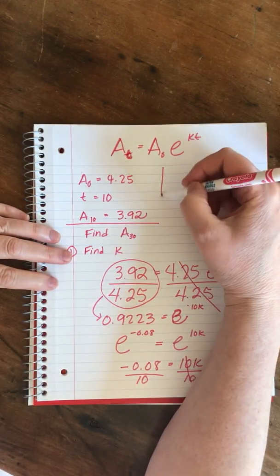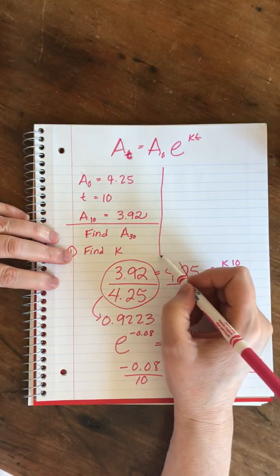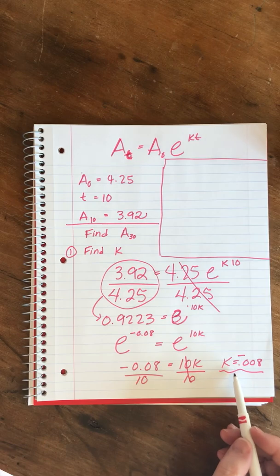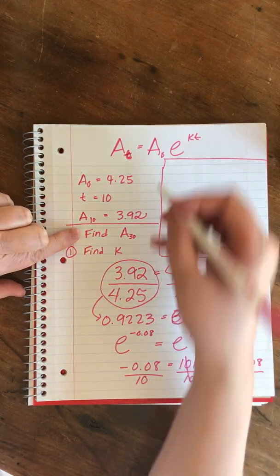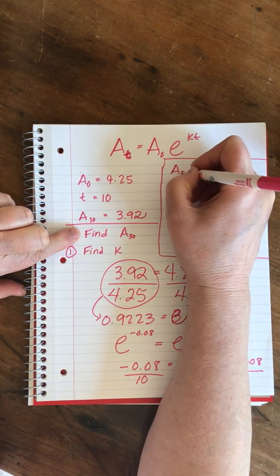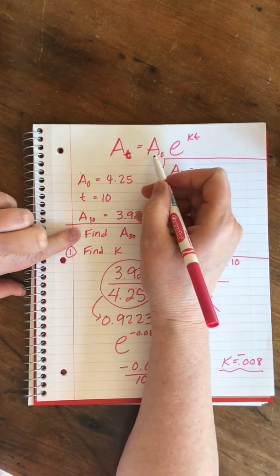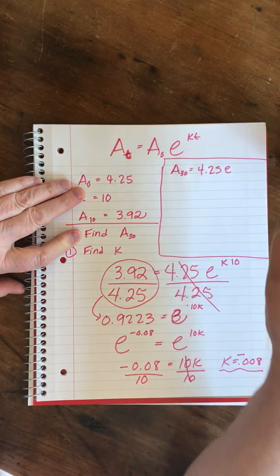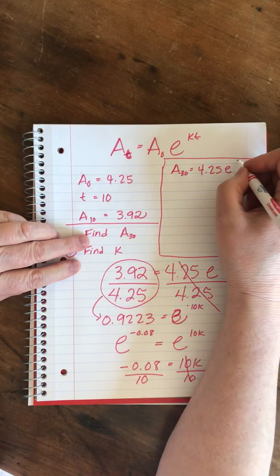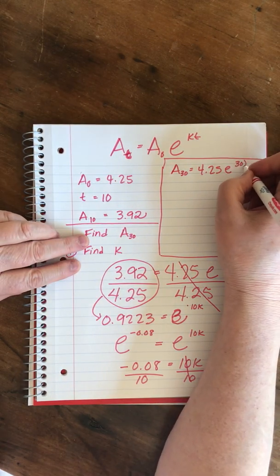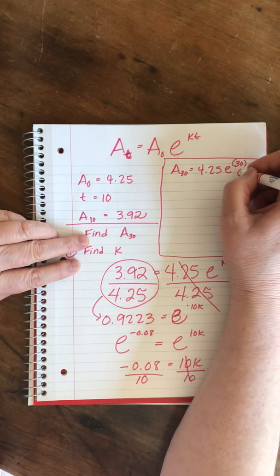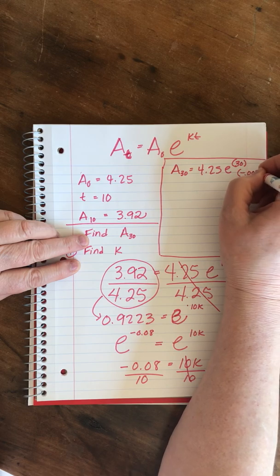Let me just work up here. I don't want to copy to another page. So there's our constant. Now we need to find A to the 30. So A to the 30 will equal the original amount, 4.25, times e times 30 times, I'm going to write it down a little bit because I need the space, minus 0.008.